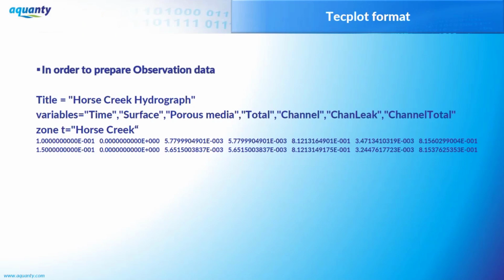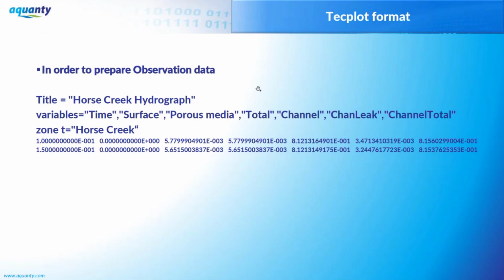Okay, Tecplot format. Let's say that this is how HGS will report the output file, but let's say you have observation data and you want to have it in the same format as HGS, for reasons I'm going to talk about later.